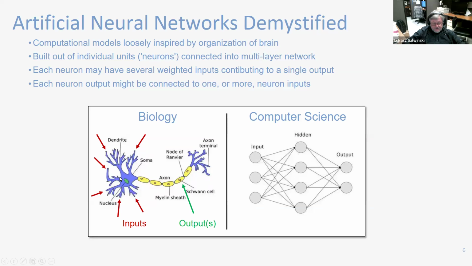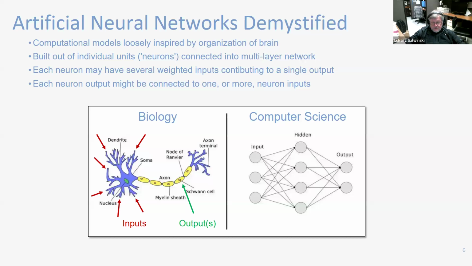And then once the neuron receives the inputs, it generates output on an axon, and the axon can have several terminals which are connected either to the next neuron in a series, or some sort of effector cell.